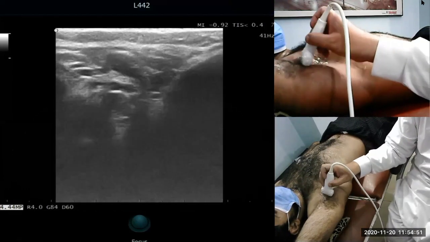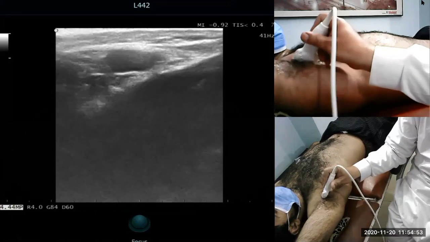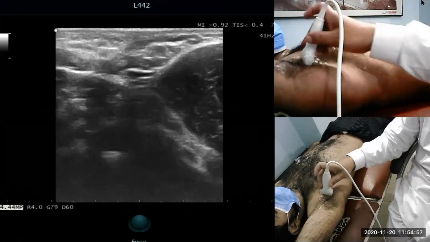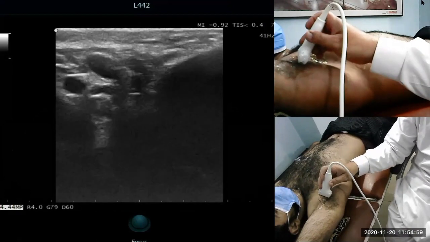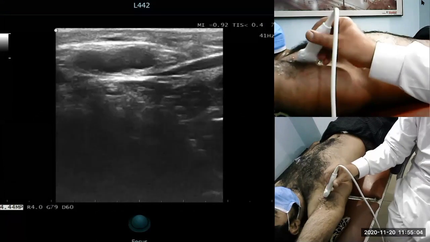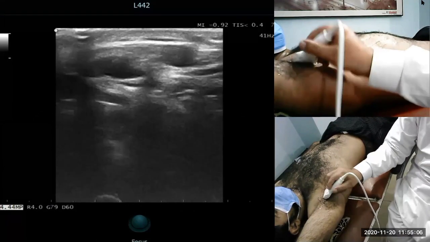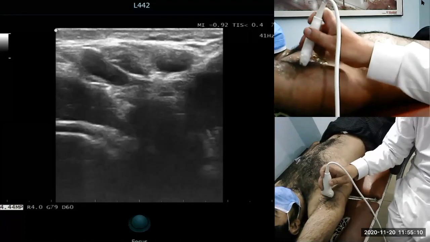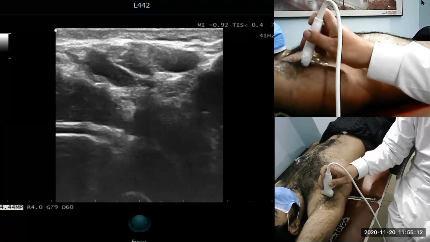So there you see. Pakistani patient, and you can see lymph nodes. There we are. Axillary lymph node. These are the axillary lymph nodes.